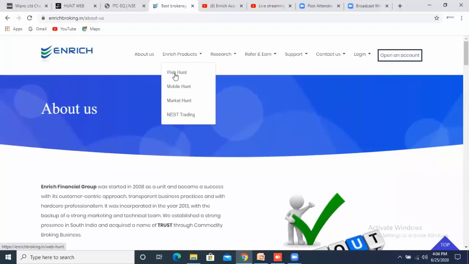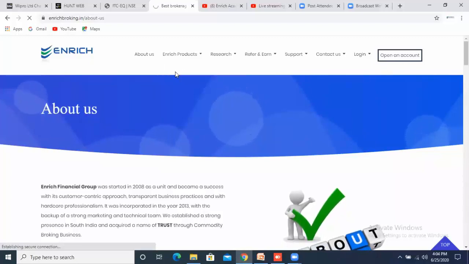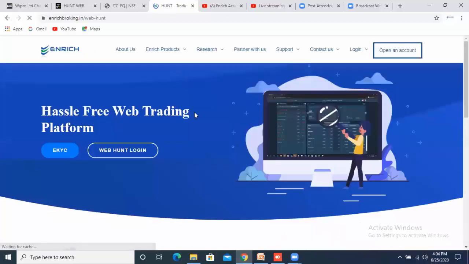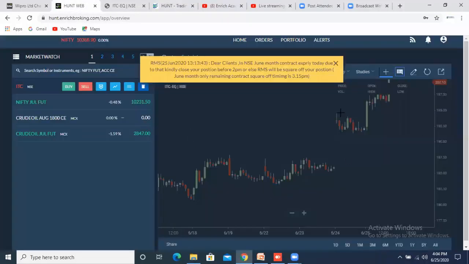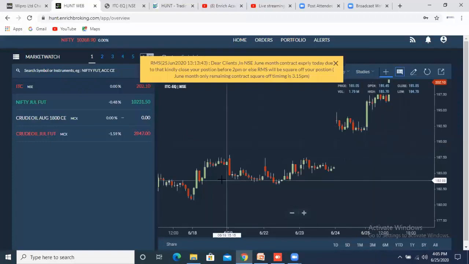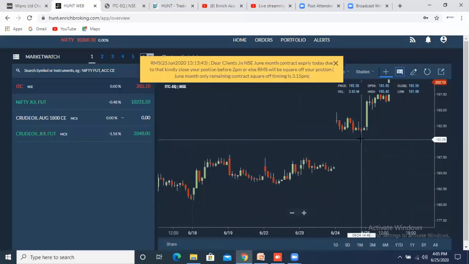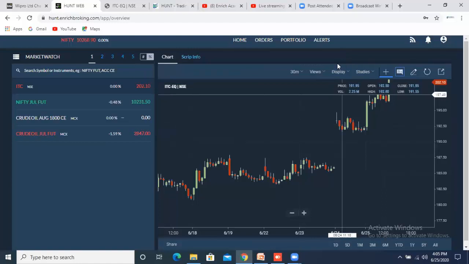Once you open an account with us, all the passwords and user IDs are the same for these platforms. If you click on that, you can get into the Market Watch page and start to identify the different candle patterns by yourself. It's important to train your eyes to look at the candle patterns and spot them by yourself.